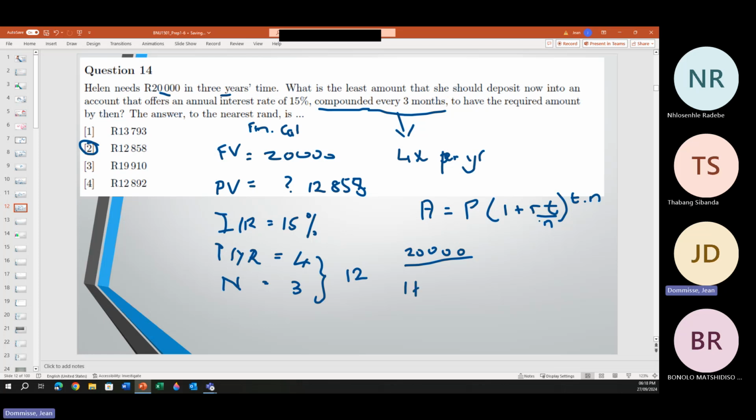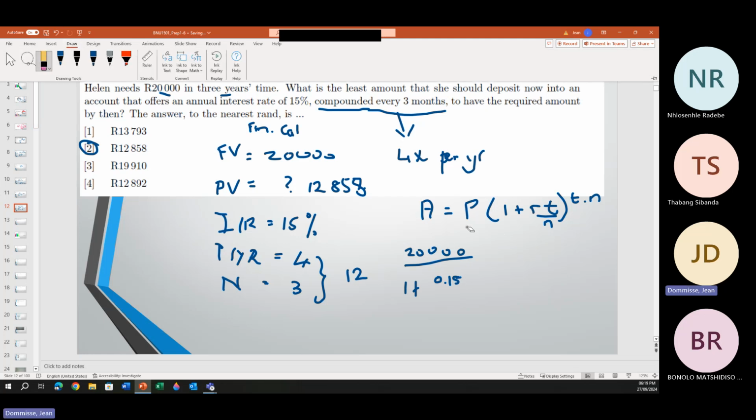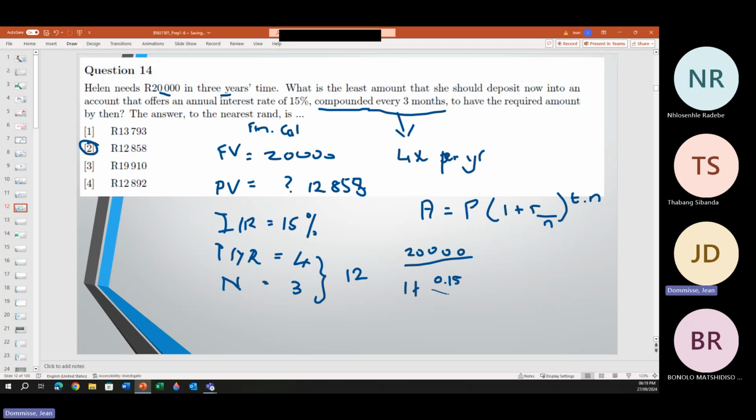So let's quickly see, the interest rate was 15%. And it was quarterly, so it is 4 times a year. T is 3 and n is 4, so that again 3 times 4 will give you that 12.